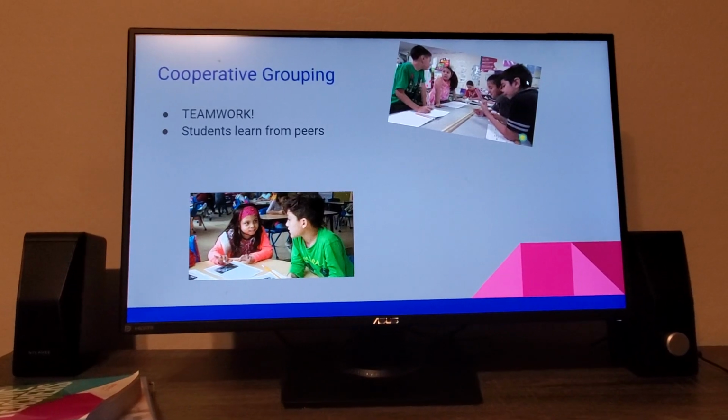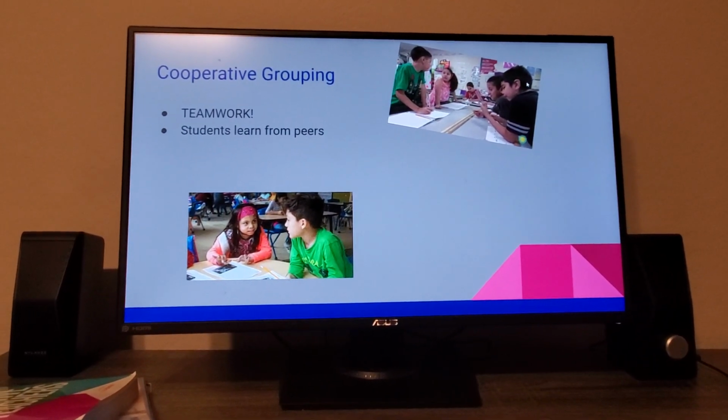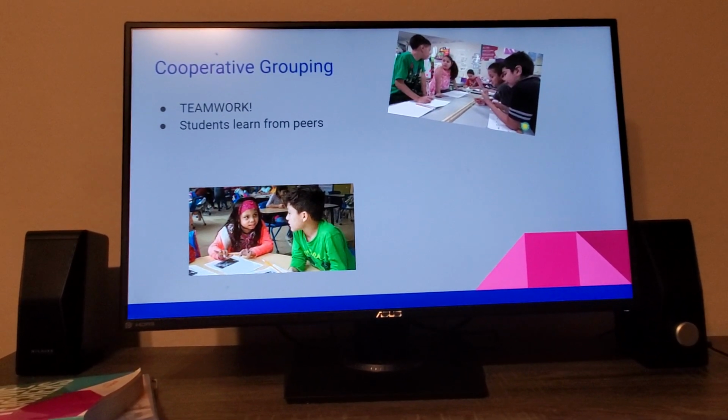The third thing I learned was cooperative grouping, which pretty much takes the two-way immersion, but to an even higher level.